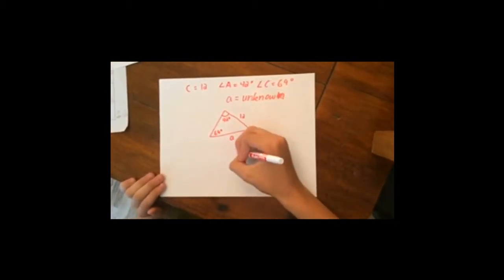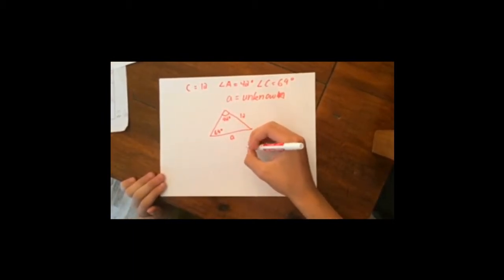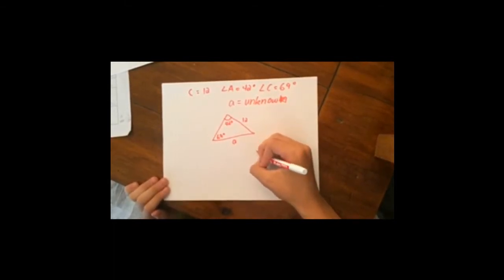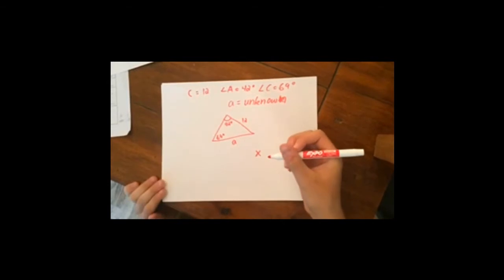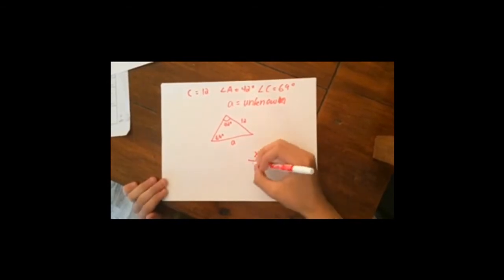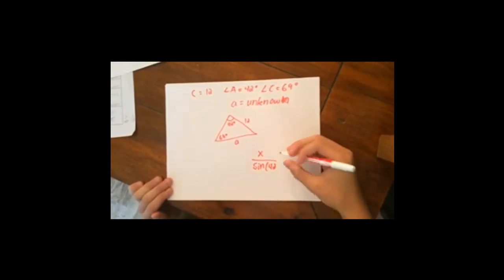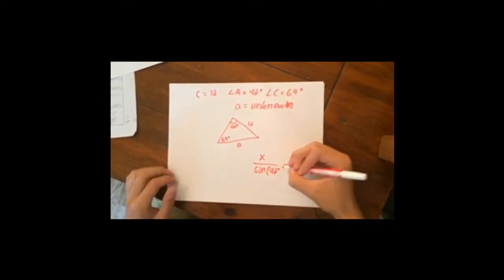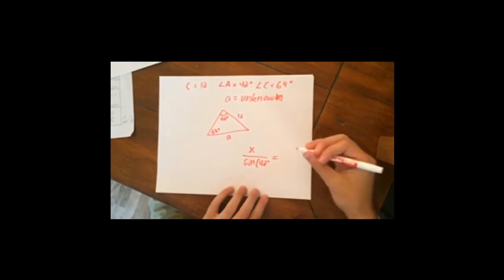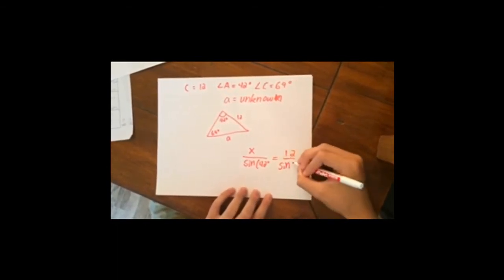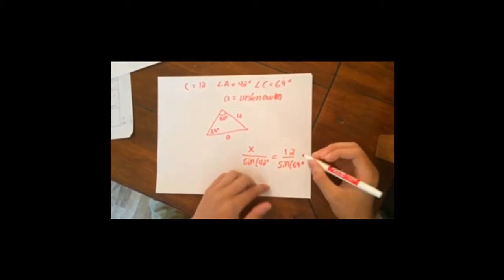So you do side A over the sine of angle A. So side A is the unknown, so it would be x or A or whatever variable you want to use, over sine 42 degrees equals 12 over the sine 69 degrees.